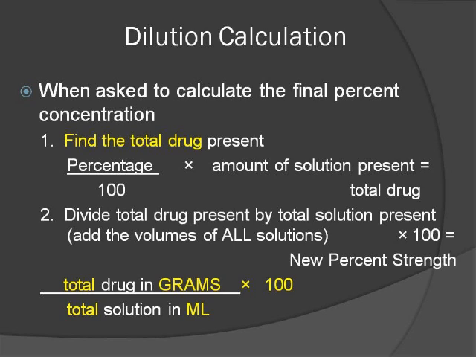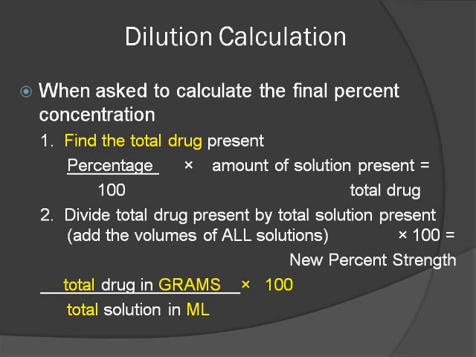I mentioned in the beginning that this is when you are adding two different concentrated solutions together. So you have to find the total drug present in each amount of concentrated solution. The second step, we divide the total drug present by the total solution present and then multiply by 100. That's to get us back to a percent strength.